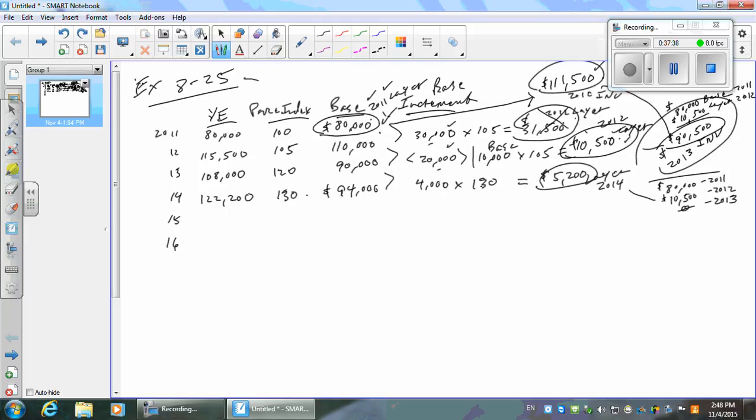There's no layer. What do we have from 2014? 5,200. That's our new layer. So what's our inventory? It'll be the 90,500, 80,000 plus 10.5, plus the 5,200. So how much is that? 95,700. Okay. That making more sense? That'll be my year-end 2014 inventory.